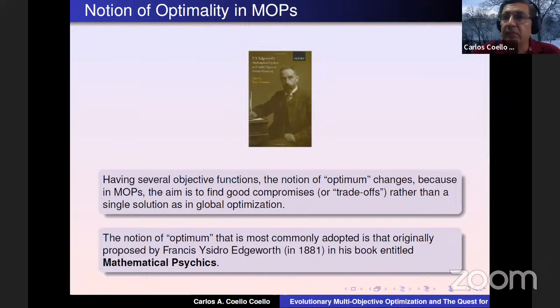So actually, there is more than one definition of optimality, but the most popular, which is the one we use in this field, was originally proposed by this guy, Francis Isidro Edgeworth. He was a professor at Oxford University. And it was introduced in 1881 in his book, Mathematical Psychics. This notion refers to finding the best possible trade-off between two objectives.